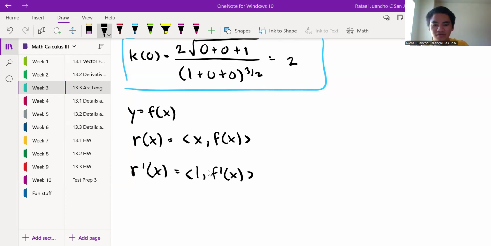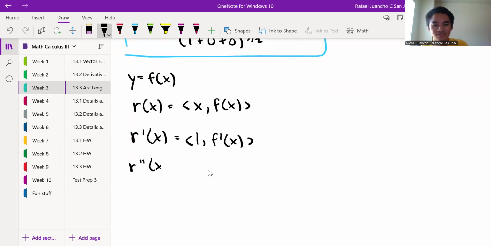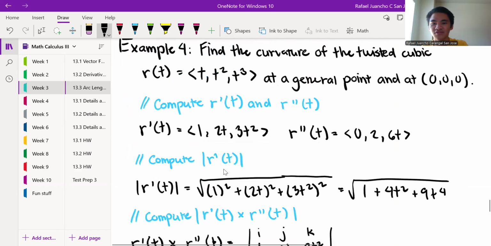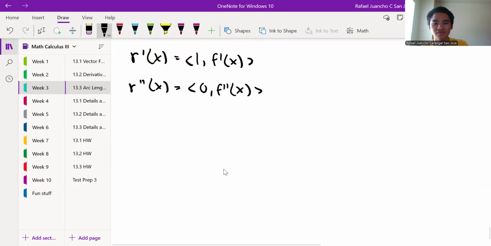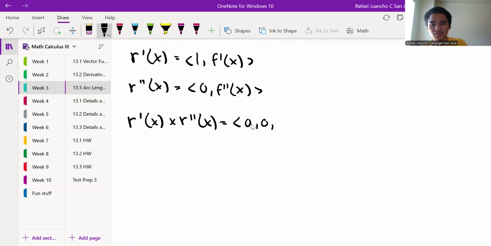And then if I do a second derivative, I get 0 and f double prime of x. And so if I do a cross product, so here I'm just basing it off this formula, if I do a cross product of this thing, well, I would basically just get 0, 0, f double prime.